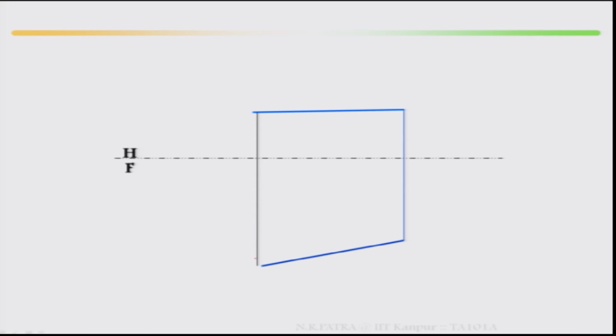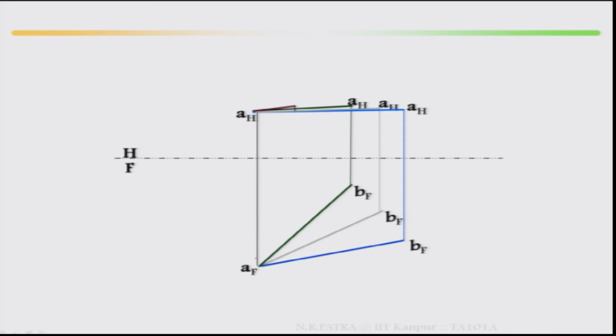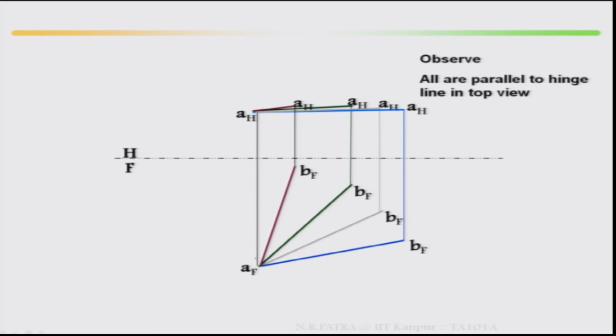Now, look at this view, a line having front and top views. All of these are parallel to the hinge line in the top view.